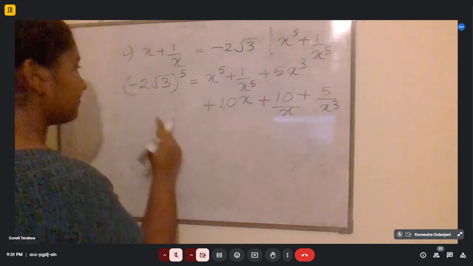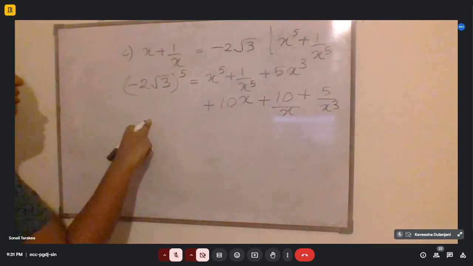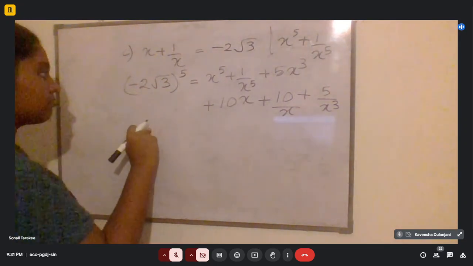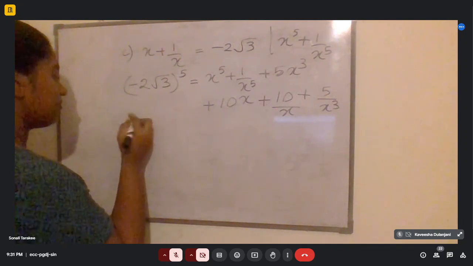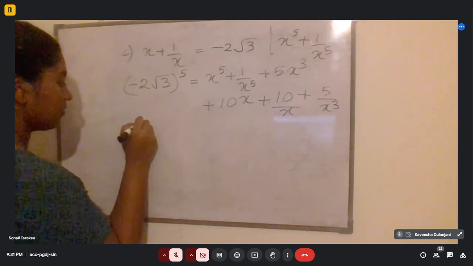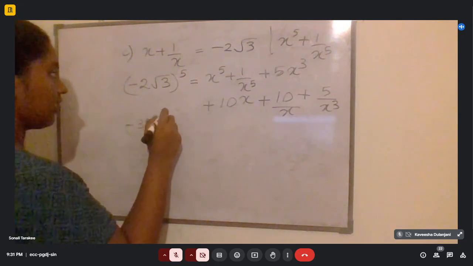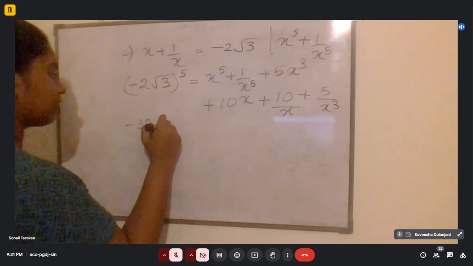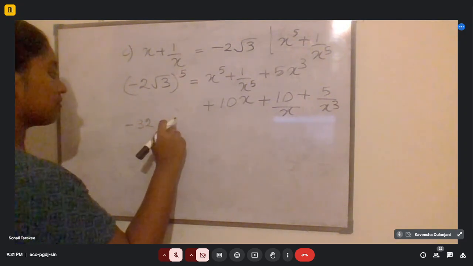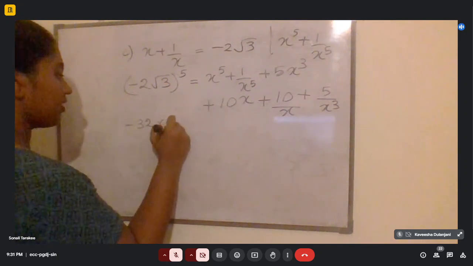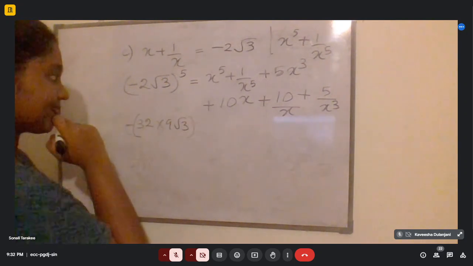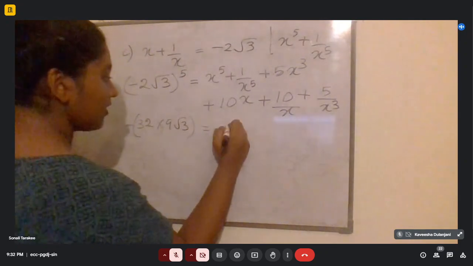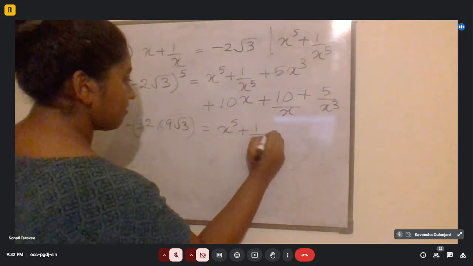Now here, if I simplify this one, 2 to the power 5 is 32, minus 32 and root 3 to the power 5 is 9 root 3, equals x to the power 5 plus 1 over x to the power 5.